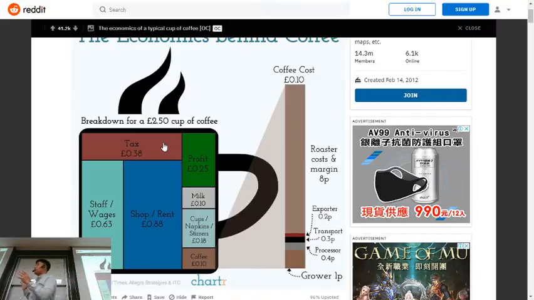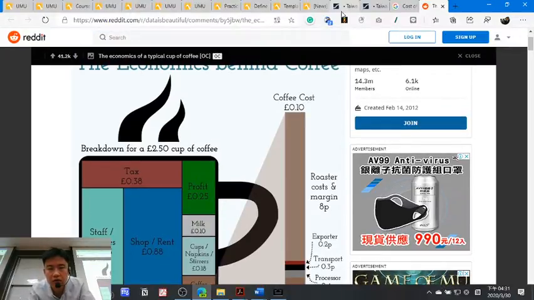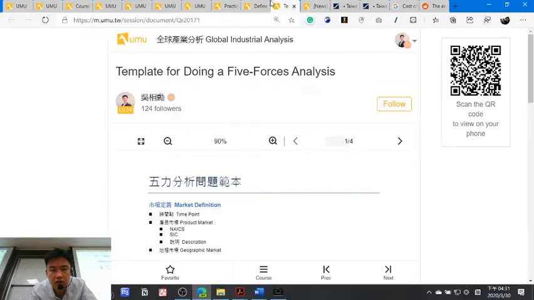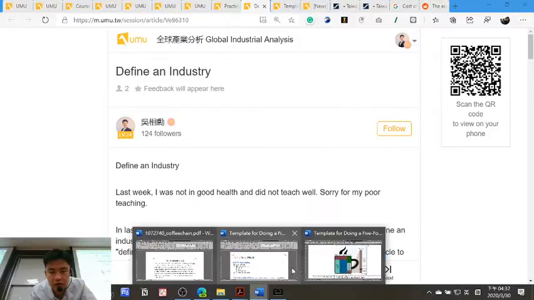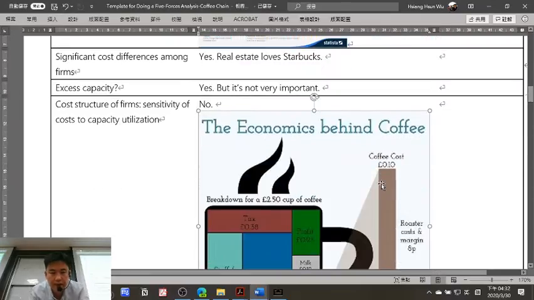So when we check this cost structure, we get an idea of how the firms will compete in this industry. So we go back to here.